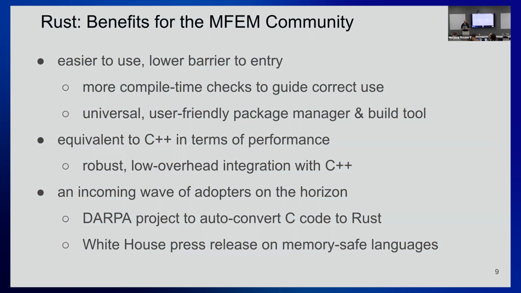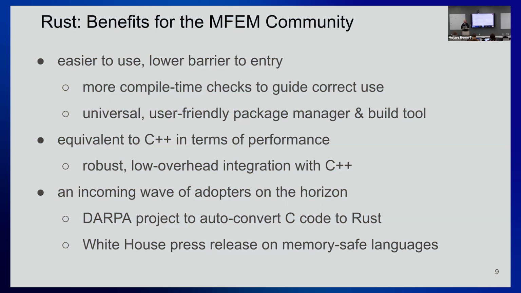And I will briefly talk about how C++ and Rust are basically equal in terms of performance. So you don't have to worry about a performance hit by choosing Rust instead of C++. And it also has very robust and low overhead ways to integrate with C++. So if there's something that is only available in C++, not MFEM, you can still use it from Rust.